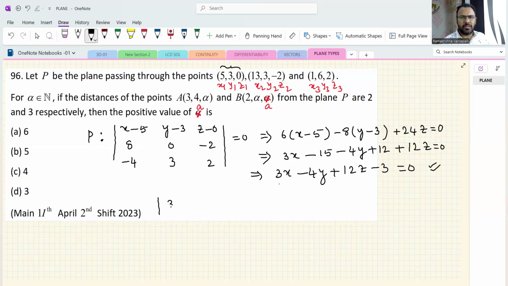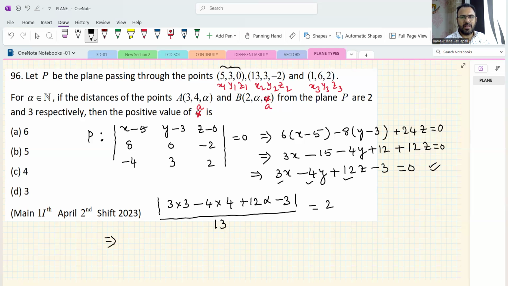So I'll write that perpendicular distance from the point A to the plane. So 3 into 3 minus 4 into 4. I'm just substituting the point A in the plane, plus 12 alpha minus 3 by root over a square plus b square plus c square. This is nothing but under root 169. So that is 13. That's given 2.